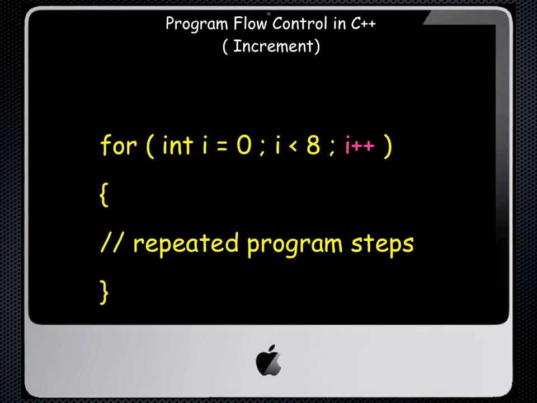It will keep going as long as i is less than 8, but each time the program executes the for loop, the value of i will be increased by 1. So the loop will run exactly 8 times. When i is equal to 0, add 1, it's equal to 1, add 1, it's equal to 2, and so on, all the way up to 8.